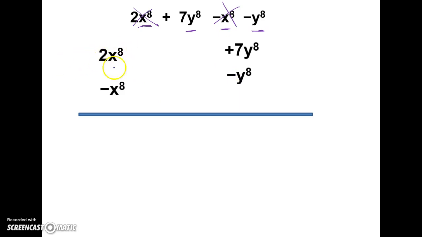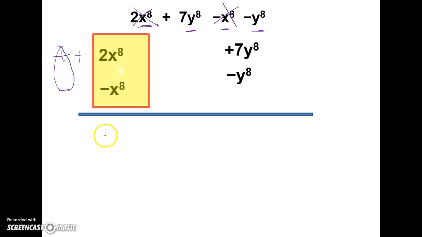Anyways, 2x to the 8th. Again, if you want to use integers, you can, but how many x's to the 8th will I have left over once I cancel this out? You're right, x to the 8th. Okay, 7y to the 8th minus y to the 8th. Again, you can write this out if you want.